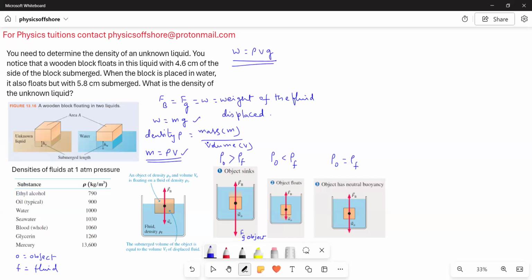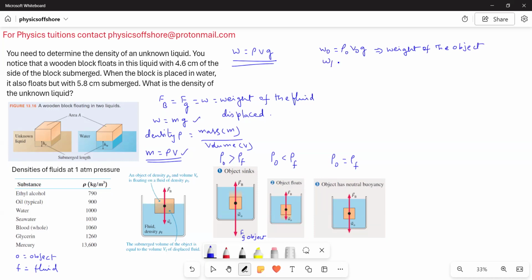Now we write the weight of the object and also for the unknown liquid, the fluid. First we write for the object. W naught is equal to rho naught V naught g. This is the weight of the object. And similarly, I will write for the fluid.